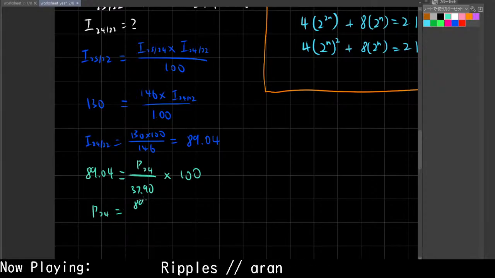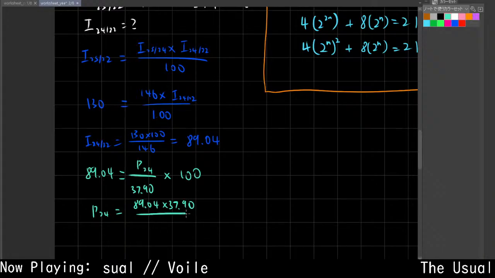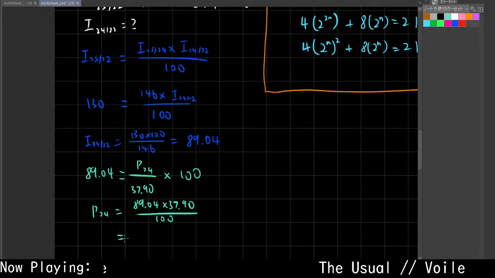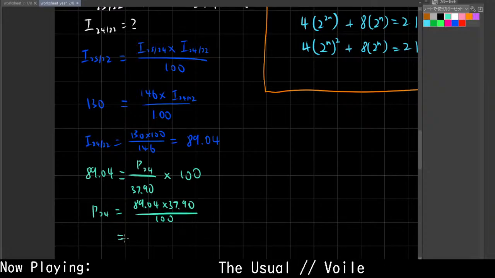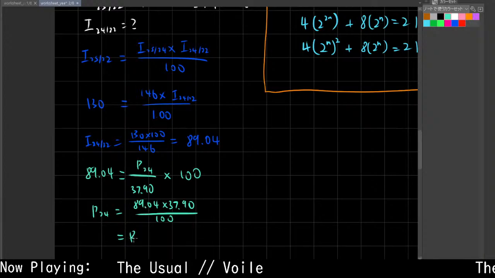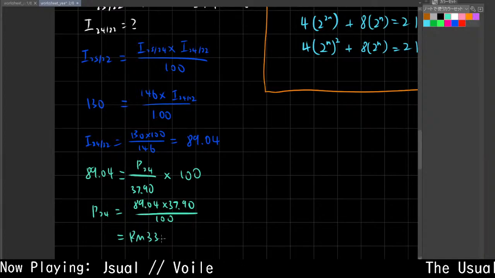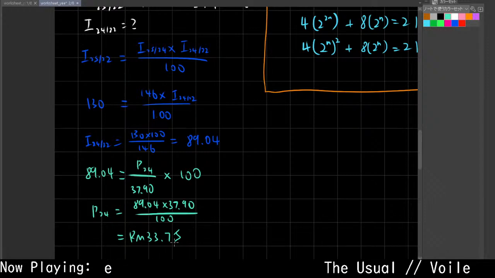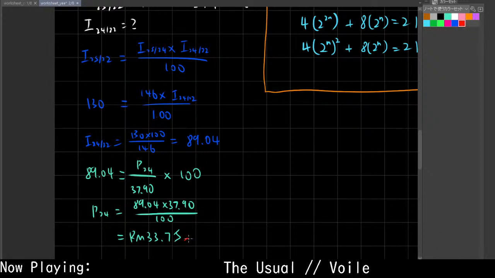So 89.04 multiplied by 37.90 divided by 100. So you get this to be RM 33.75 correct to two decimal places. And that's the answer.